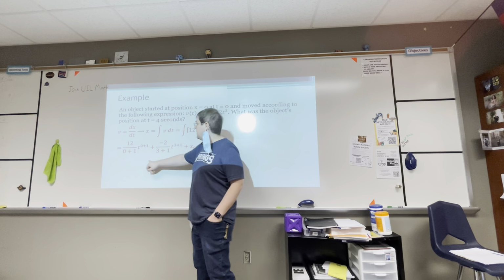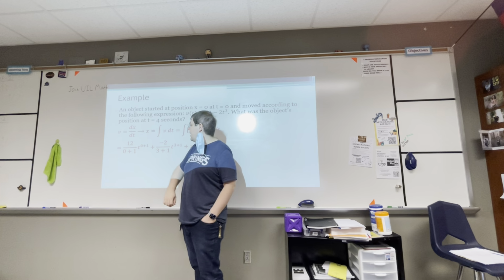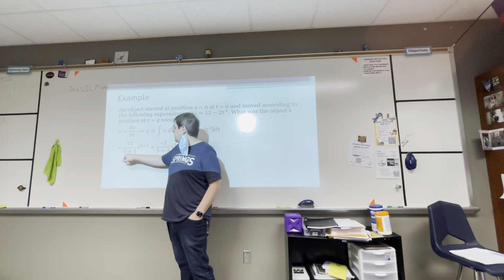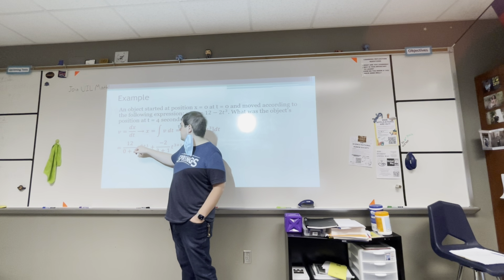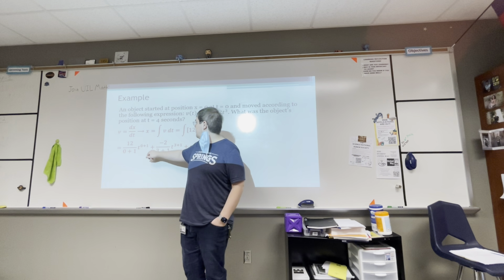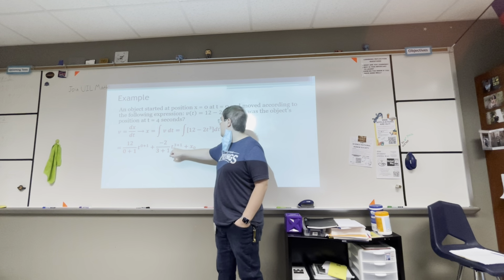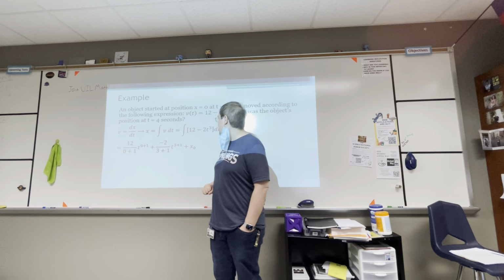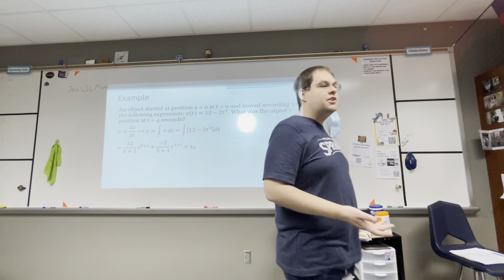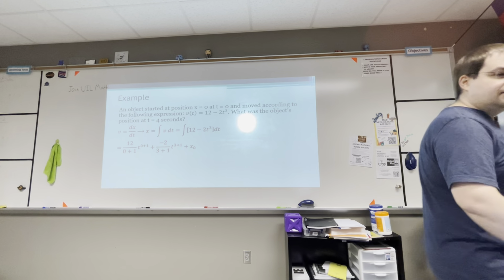And you remember when we anti-differentiate, we add 1 to that power. So 0 plus 1 here, t to the 0 plus 1, plus we have the negative 2 and t to the third, so it'd be 3 plus 1, t to the 3 plus 1. And since we're finding the position function, we slap the constant on. So x naught.